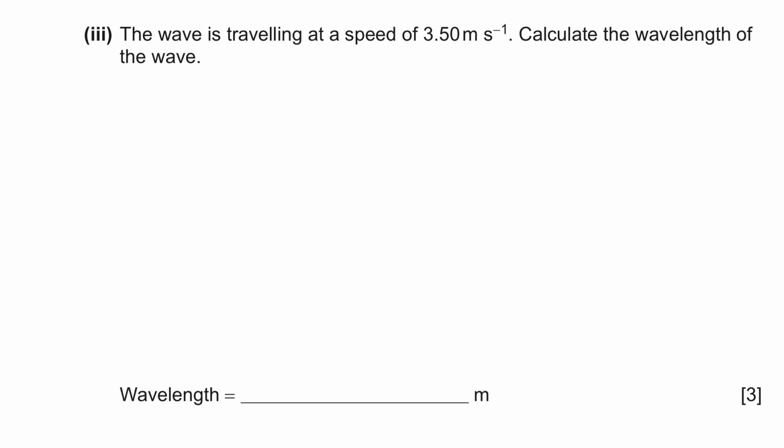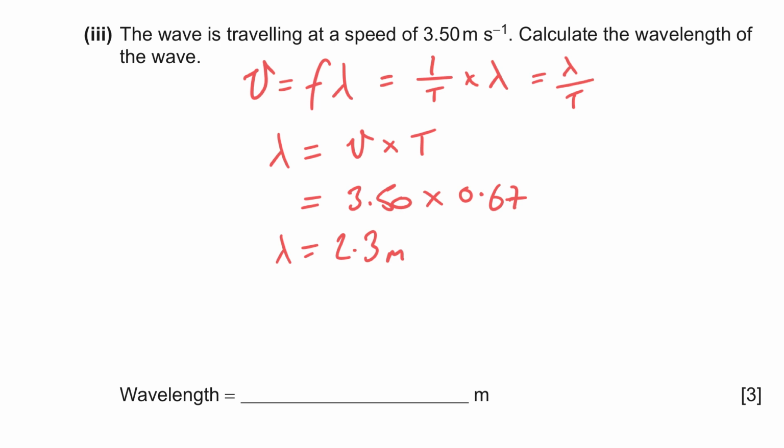Or we could just remember that f is the same as 1/T. So (1/T) times λ should give us the same result. So effectively λ/T equals v, and therefore v times the period T should equal λ. And that gives us a wavelength of 2.3 meters.